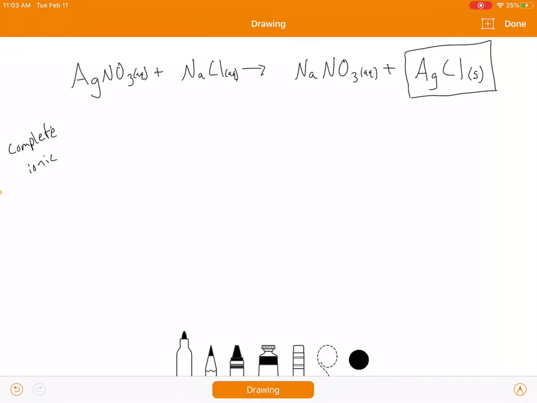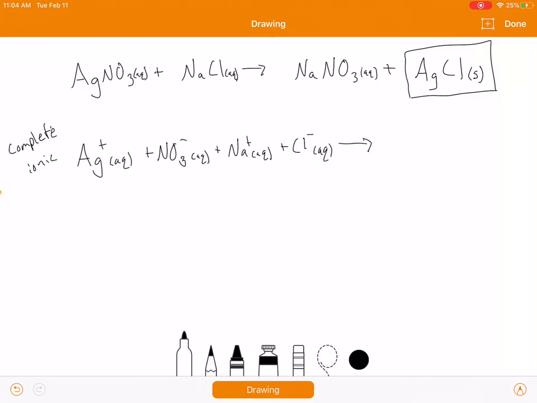So this is aqueous, so it can be split apart into silver plus, we keep the little AQ sign, and nitrate is an anion. The sodium chloride can be split apart also, so sodium plus and chloride minus.